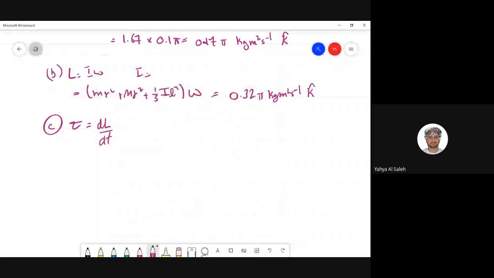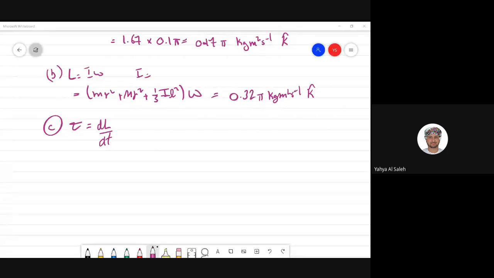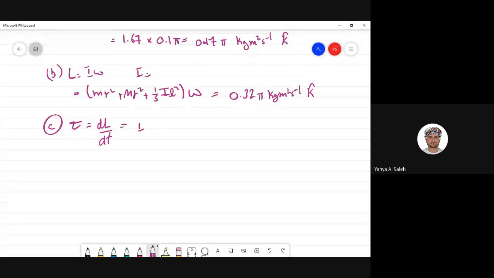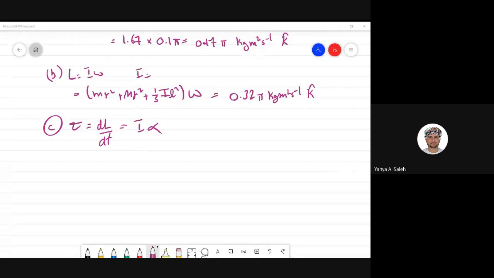And that is equal to I alpha. And we can calculate the torque. It's given in the book exactly. So I'm not going to do the same calculation in the book again, to be able to do more examples.